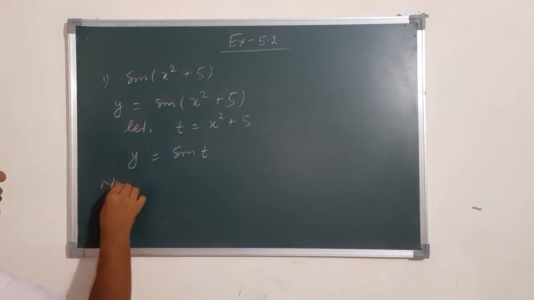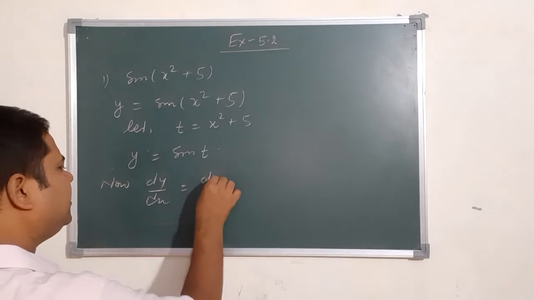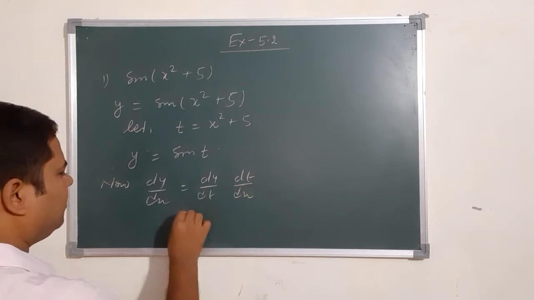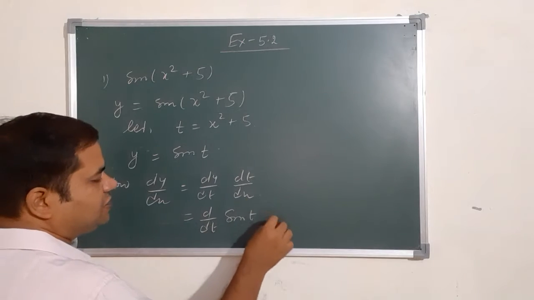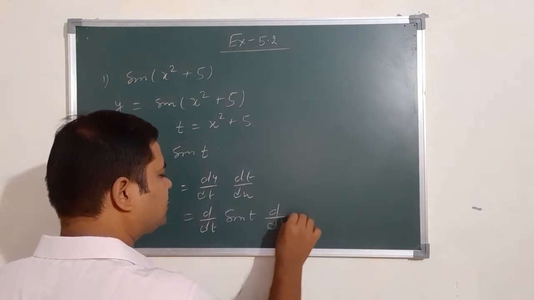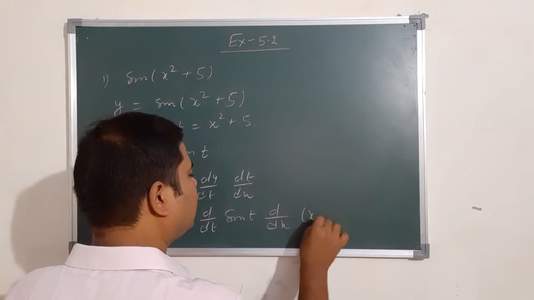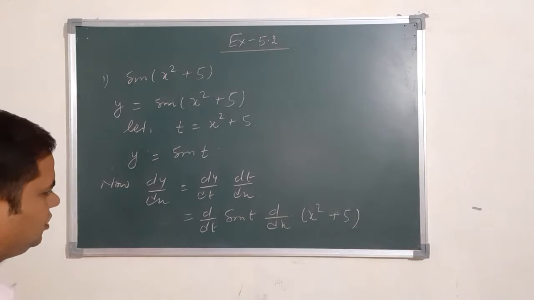Now dy by dx is nothing but dy by dt and dt by dx. So we will have dy by dt of sine t, because y is equal to sine t, and dt by dx of t, that means x square plus 5. You know very well what is the differentiation of this function.